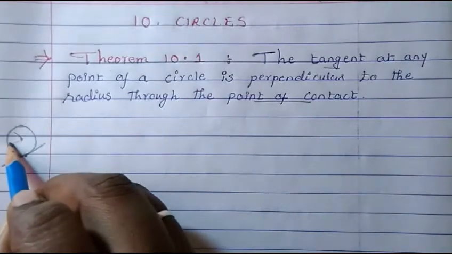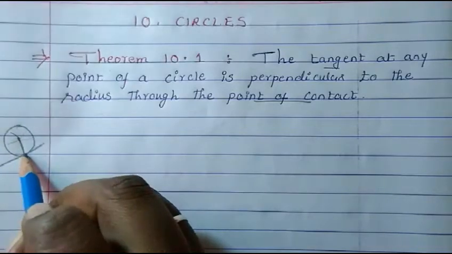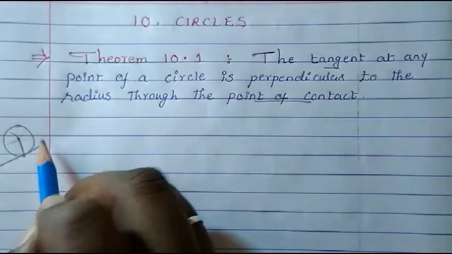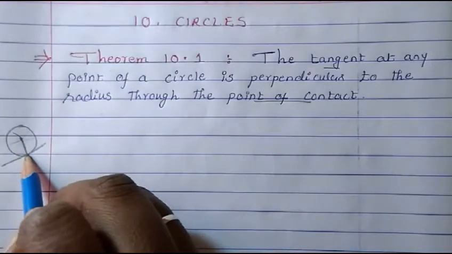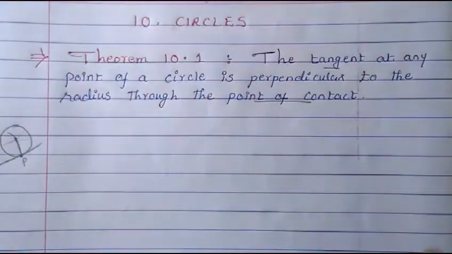We have many radii here. One radius touches the tangent at the same point where the tangent is passing through. We call it the point of contact. Is it clear to you?